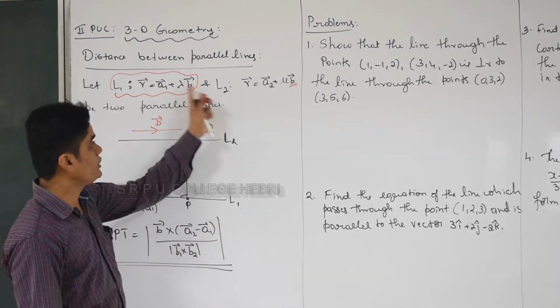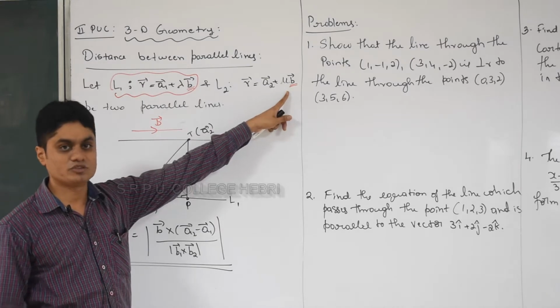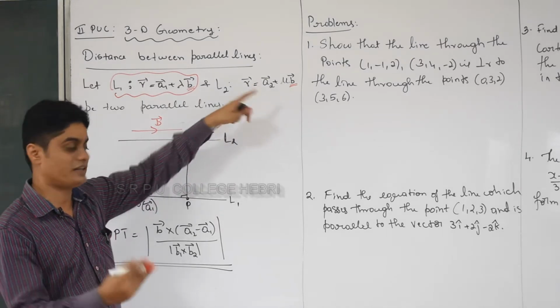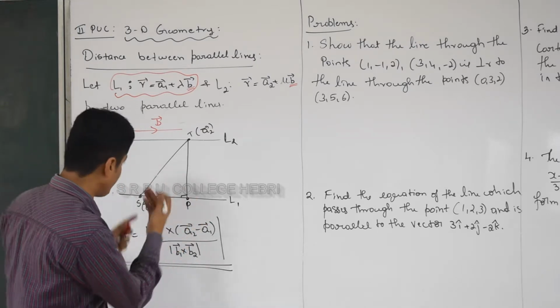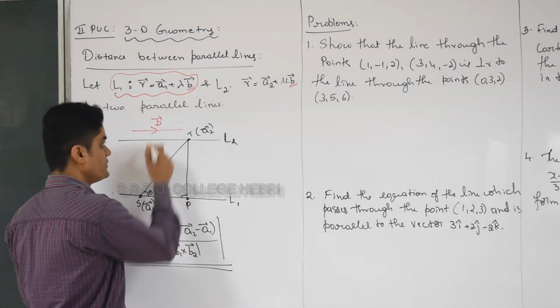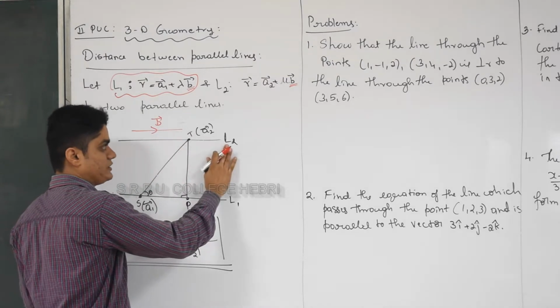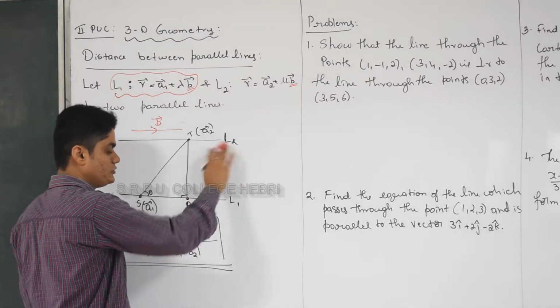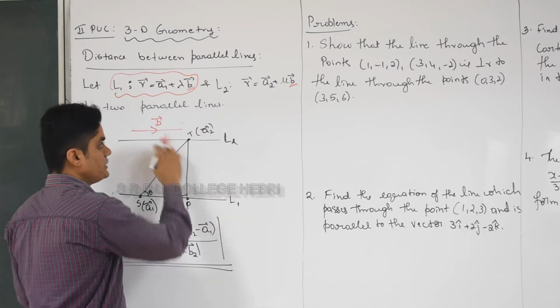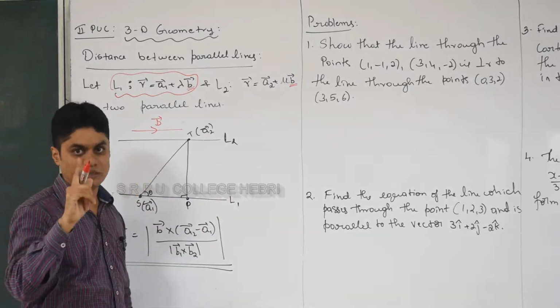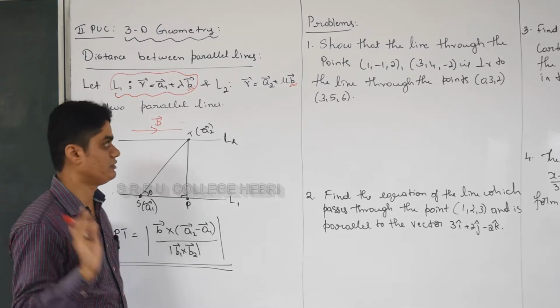So here, not b1 and b2, just vector b. That vector can be used for the other line also, because it is parallel to that line too. So for both lines the parallel vector is a single, unique vector. Remember that.